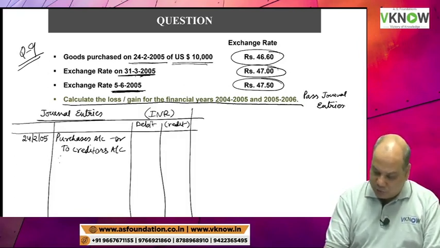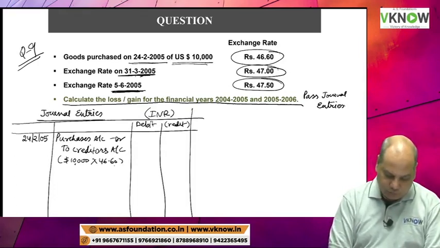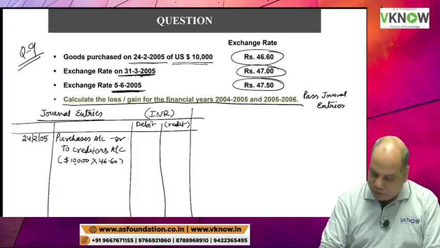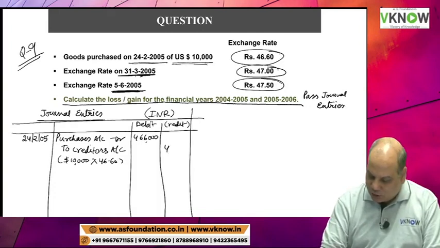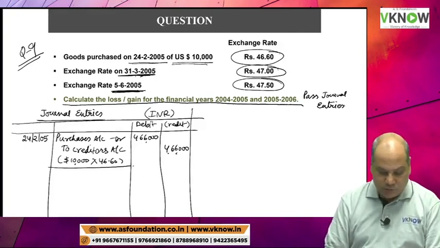The amount is $10,000 and on that date the rate is 46.60. So that comes to how much? What is the answer? 4,66,000. Narration homework. Yes, right, 4,66,000.